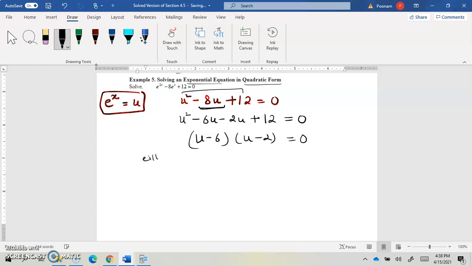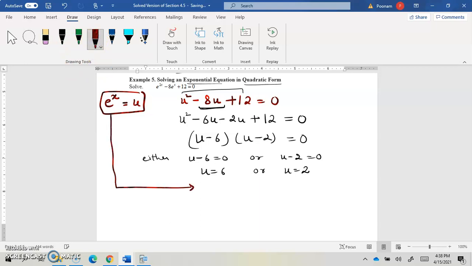So either u minus 6 is equal to 0 or u minus 2 is equal to 0. So u is equal to 6 or u is equal to 2. But we were not supposed to find u, right? We were supposed to find e raised to power x. So e raised to power x is equal to 6 or e raised to power x is equal to 2.